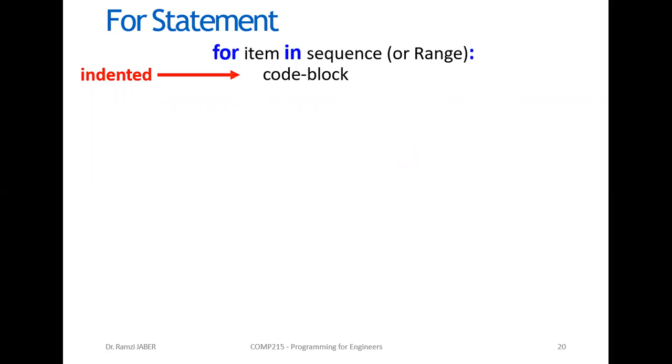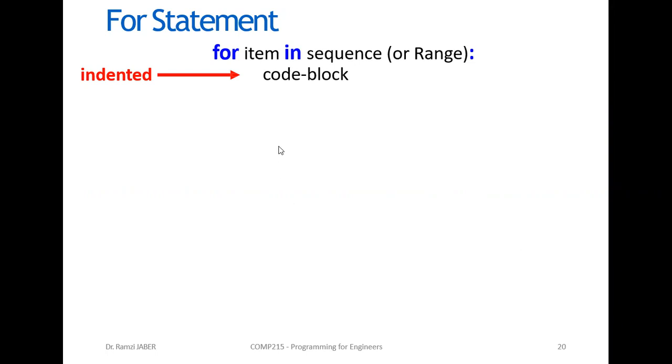Today we'll continue chapter 3 from the for statement. As I said before, a for loop in Python is totally different than a for loop in C or Java or C++.